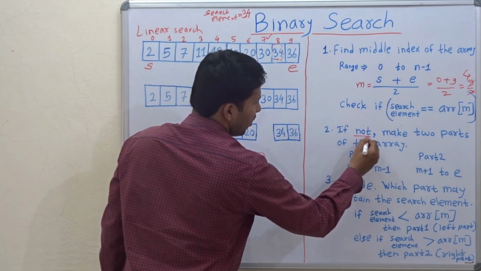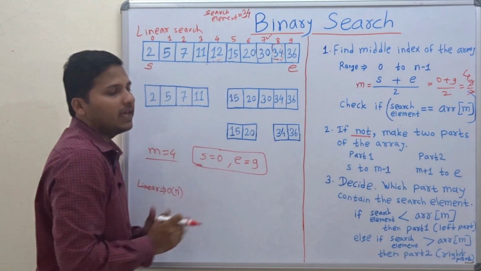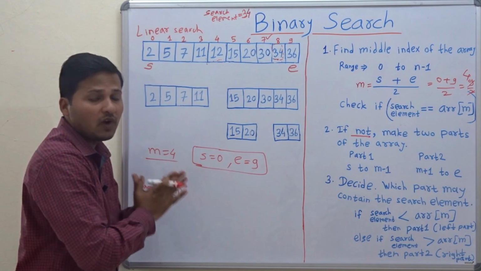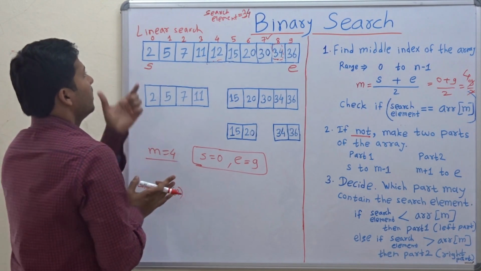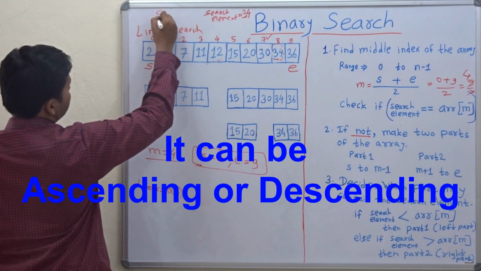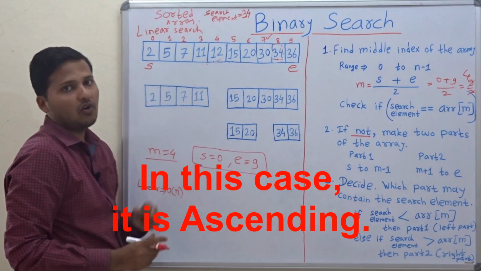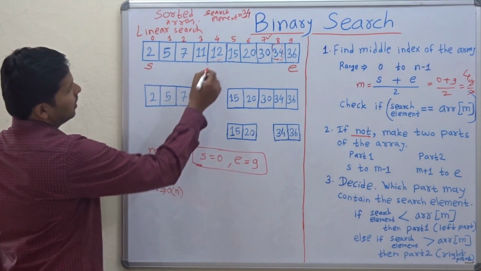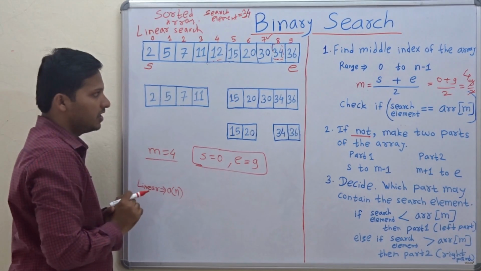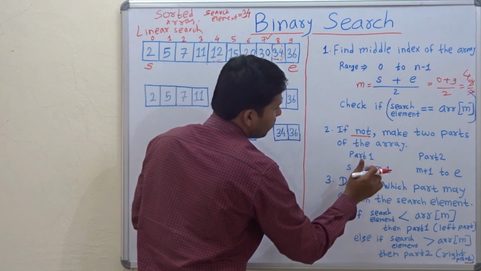So if it is not equal, then you have to make two parts of the array, which means you have to divide the array. Remember that this is a sorted array, in ascending order.